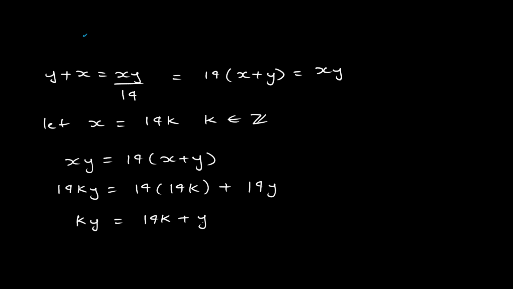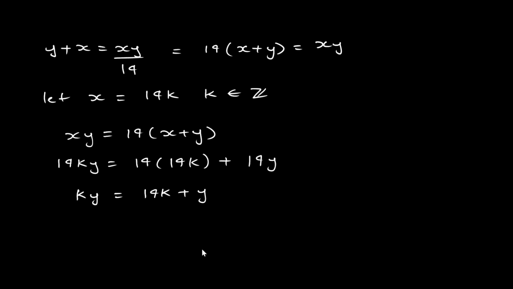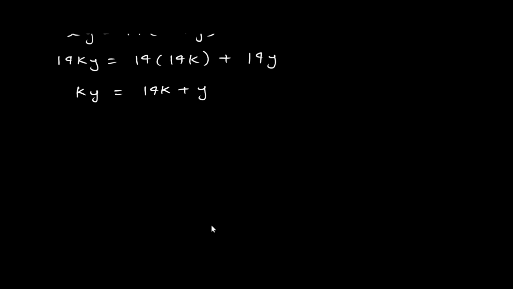Now we're off to a great start, and technically we're almost through with getting our general solution. We are at this point where we still have unknowns in the equation. We have k and we have y. We don't know what those are as yet. So we could say that 19k plus y must be divisible by k, because we're looking for integer solutions.